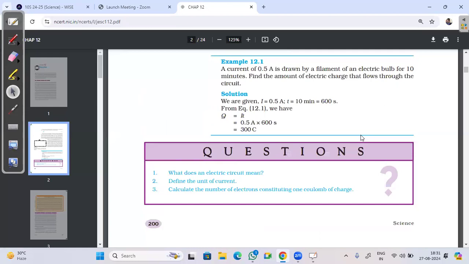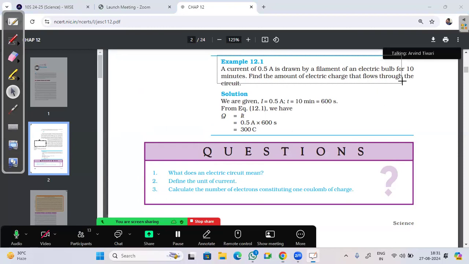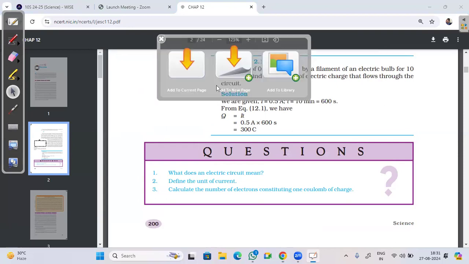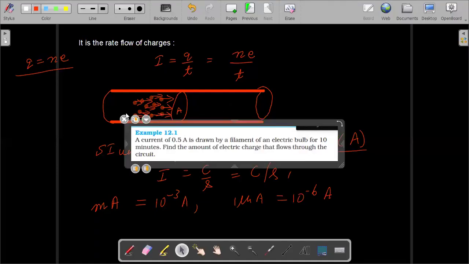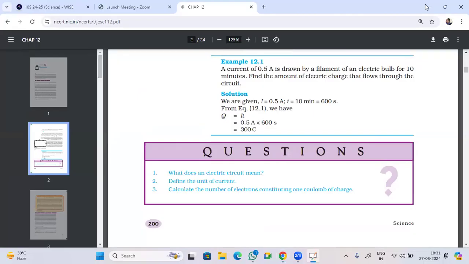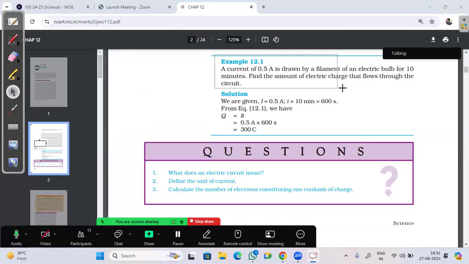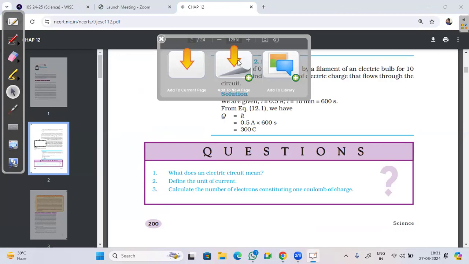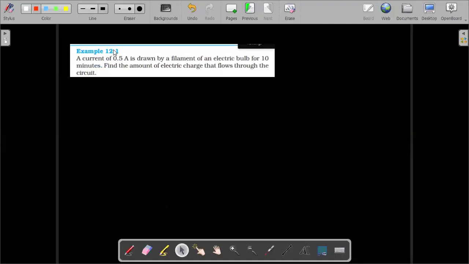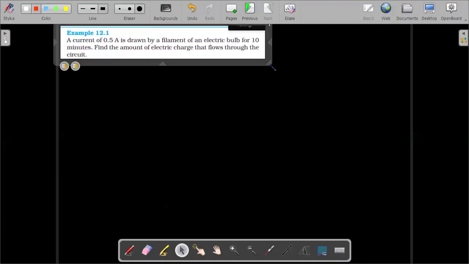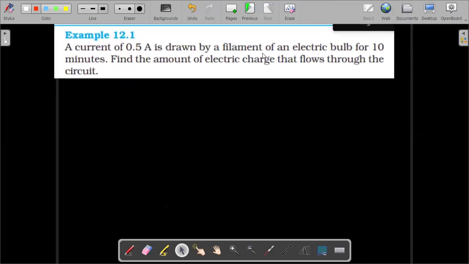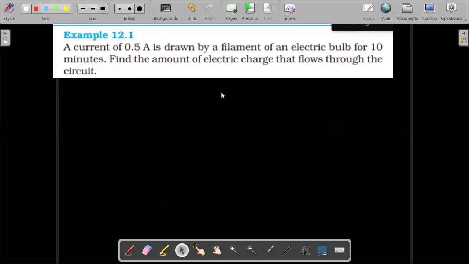Okay, see this. A current of 0.5 ampere is drawn by a filament of an electric bulb for 10 minutes.